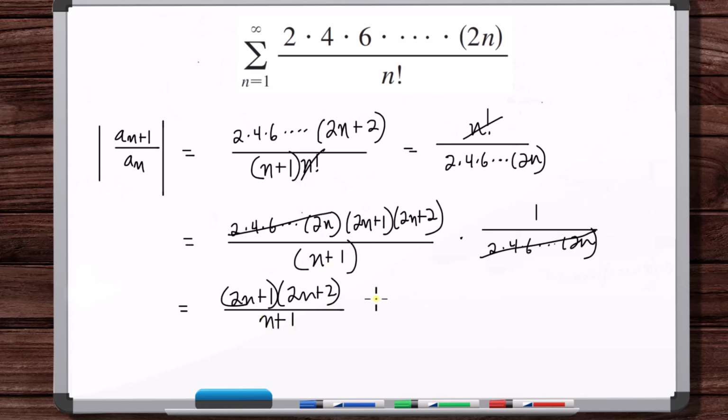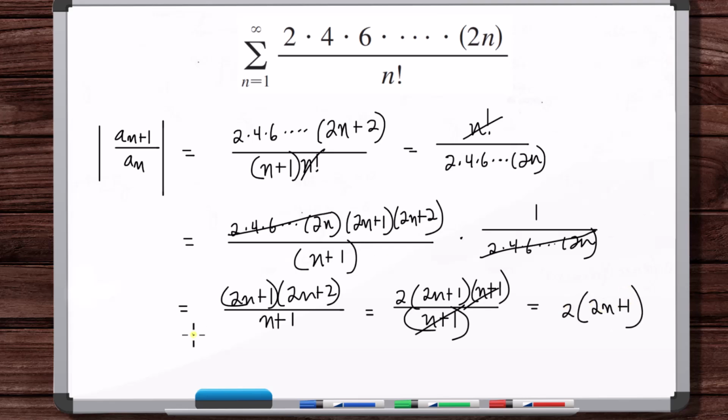Well, now this is actually going to simplify, because if we factor out a 2 here from the 2n plus 2, we're left with 2 times 2n plus 1.